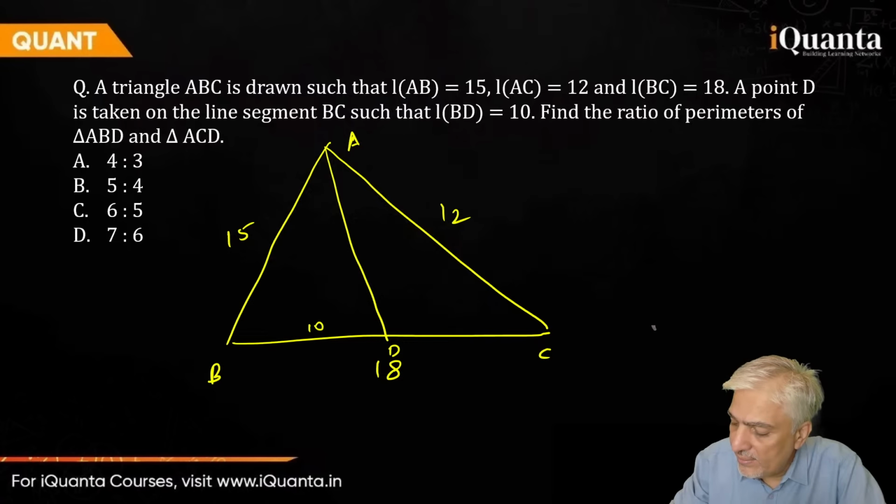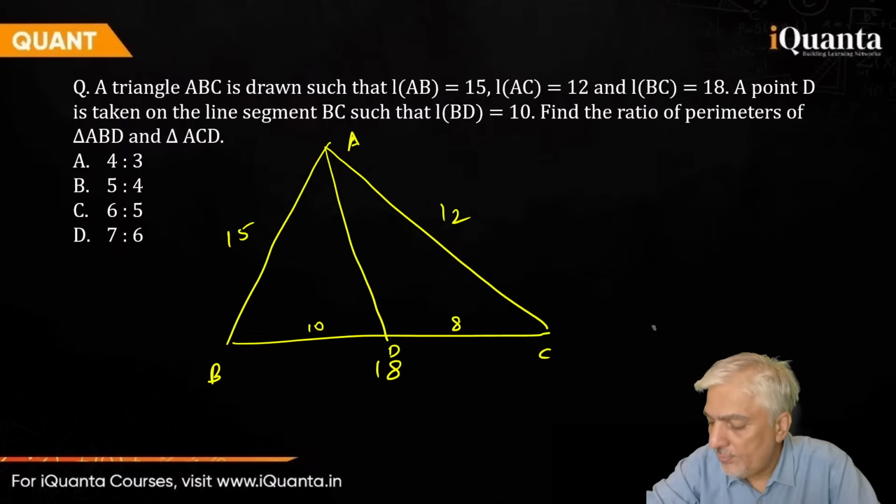BD is 10, so this is 8. Find the ratio of the perimeter of triangle ABD and ACD.